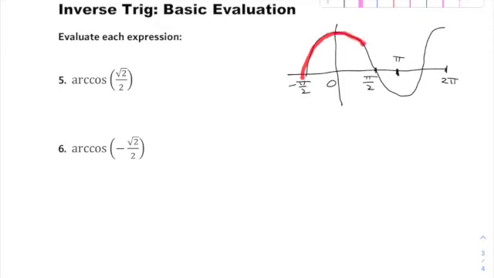If you go negative pi over 2 to pi over 2, that portion will not satisfy the horizontal line test. Or, to use your quadrants, 0 to pi will, for the 0 to pi over 2 for the positives, but if you go in the negative direction, that's quadrant 4 where cosine is also positive. So not going to use that chunk, not going to use quadrant 4, just going to keep going through quadrant 2.